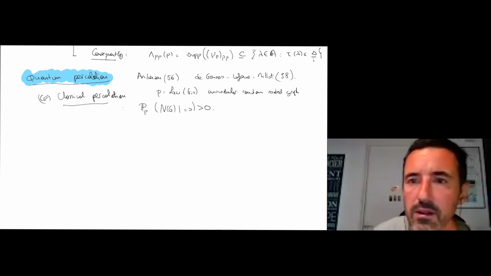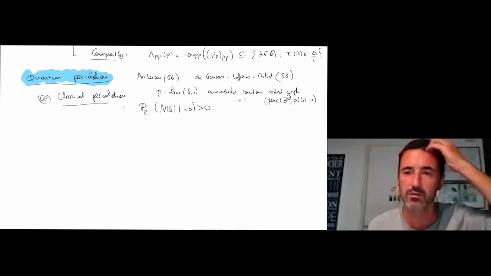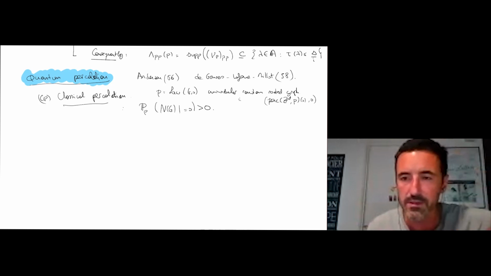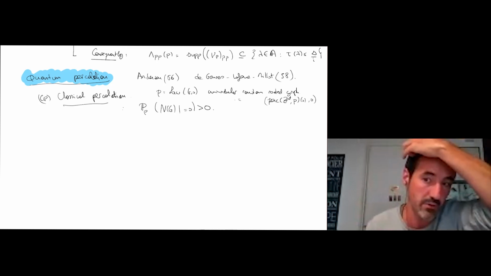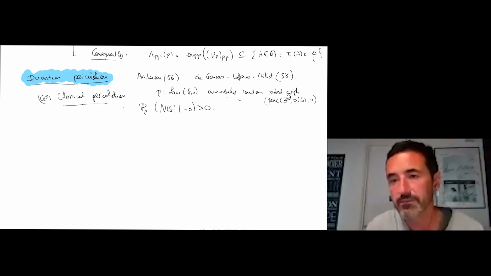You can think of rho as being, for example, the law of the percolation on Z^d with some parameter p, and you look at U(G). You look at the connected component of the origin, and you root it at the origin. So you make the infinite grid in d dimensions, you keep each edge with probability p, and you look at the connected component of the origin.